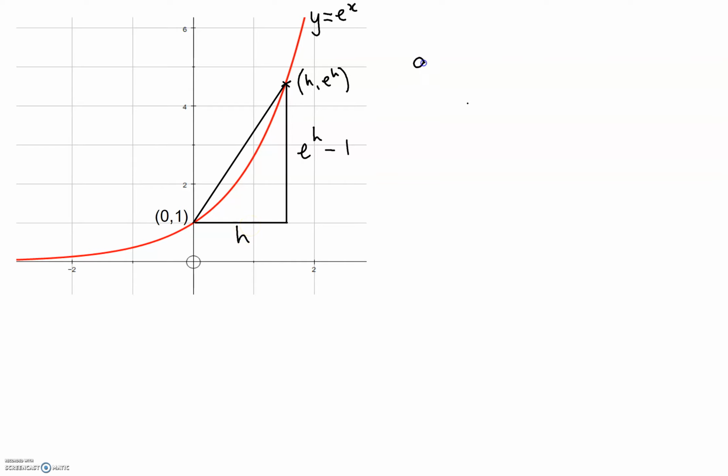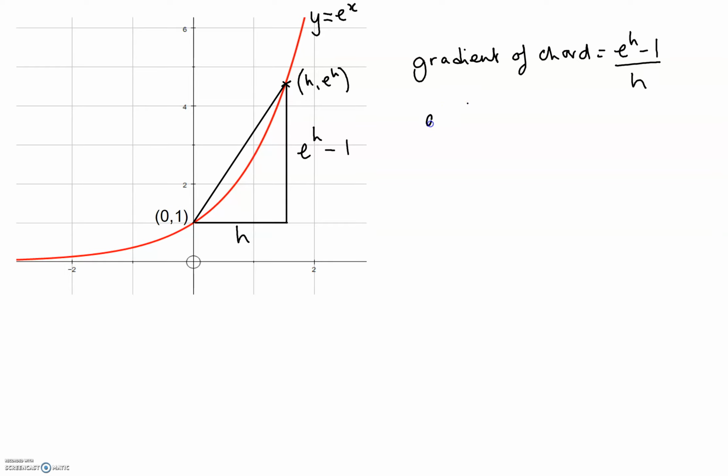So the gradient of the chord is the change in y over the change in x, which is e to the h minus 1 over h.